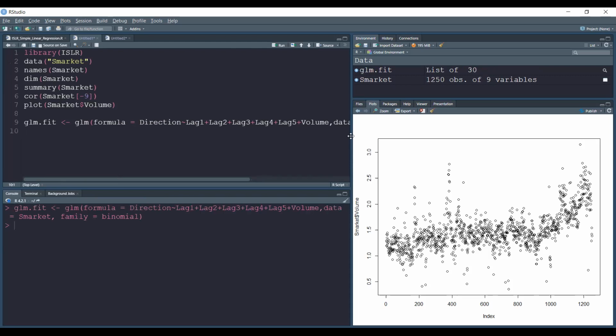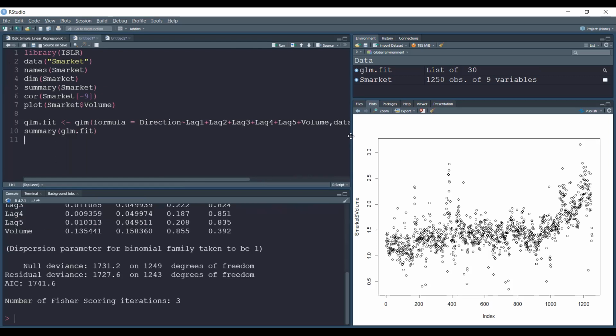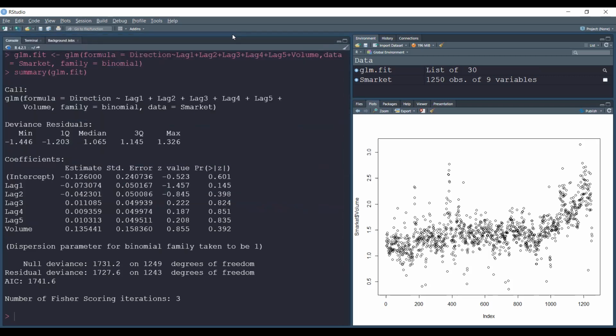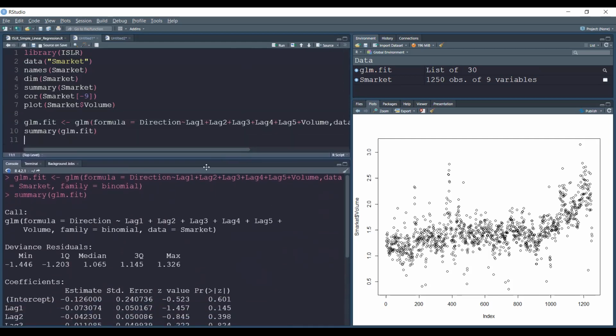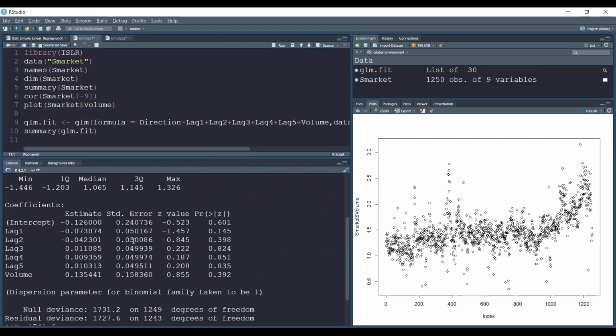Okay, I ran it. And now we look at the summary of the model that we've produced. Let's have a look.